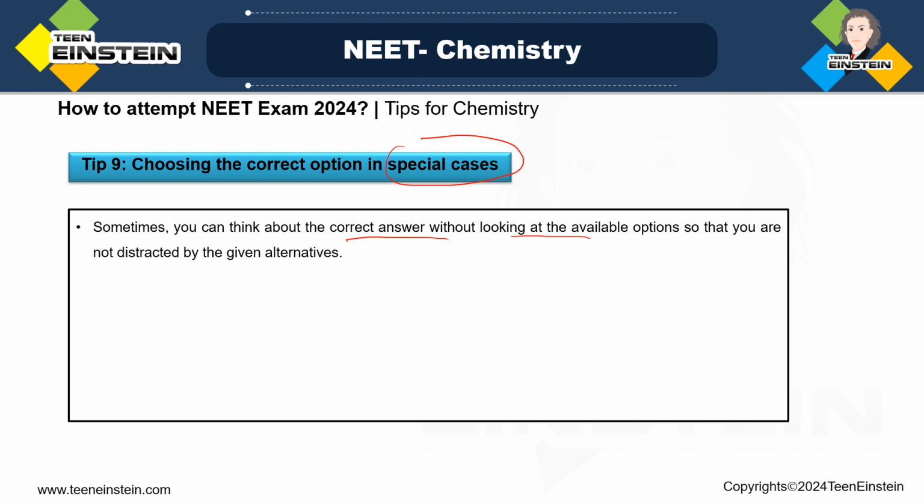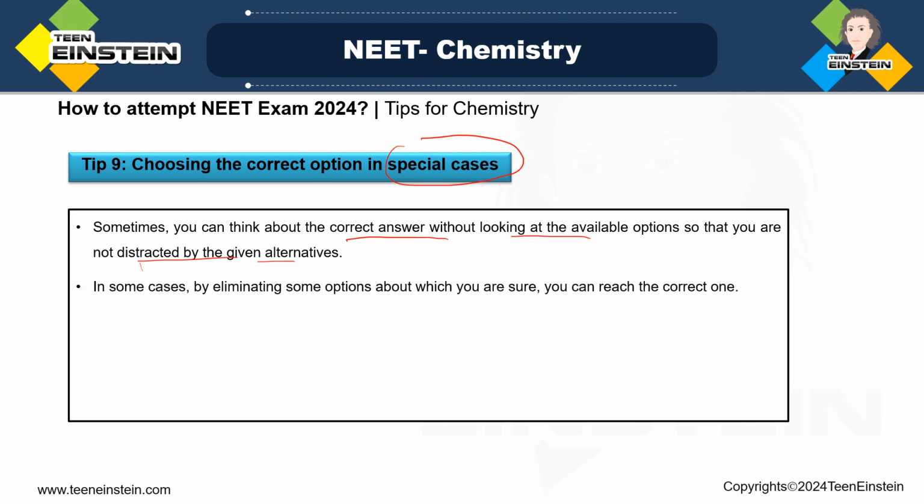Though it is not applicable for all questions, sometimes thinking about it without looking at the options means you are not misled or distracted by the given alternatives. This way it can help in some questions.